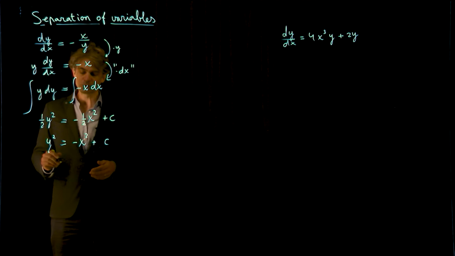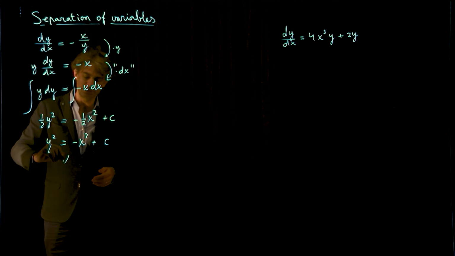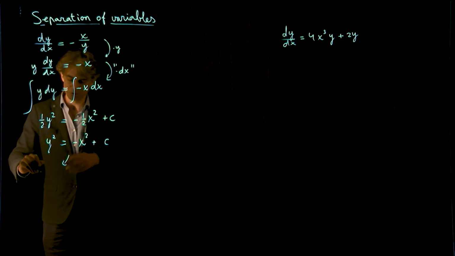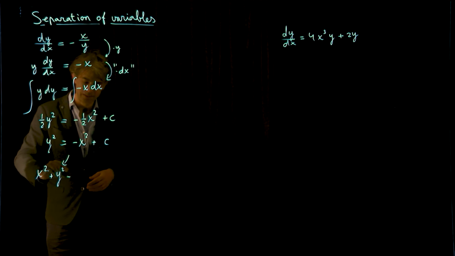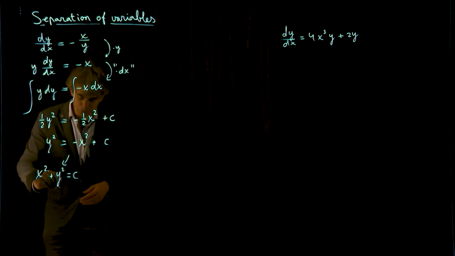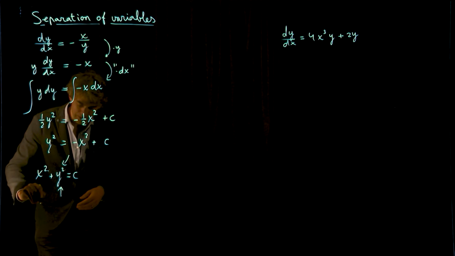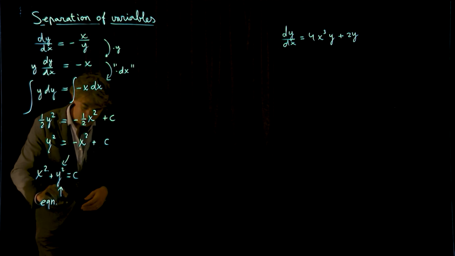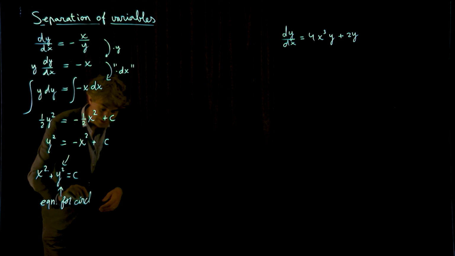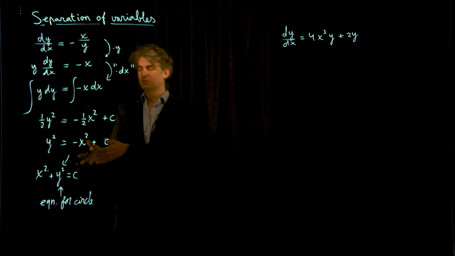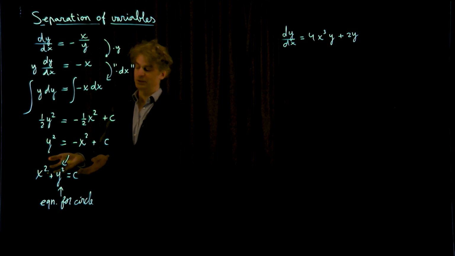Now, of course, we could go two ways here. Actually, I would like to show you first this. I could rewrite this as x squared plus y squared equals c. And then, of course, we see very nicely, this is the equation for a circle. I hope you recognize it. And that's sort of an implicit function, right?